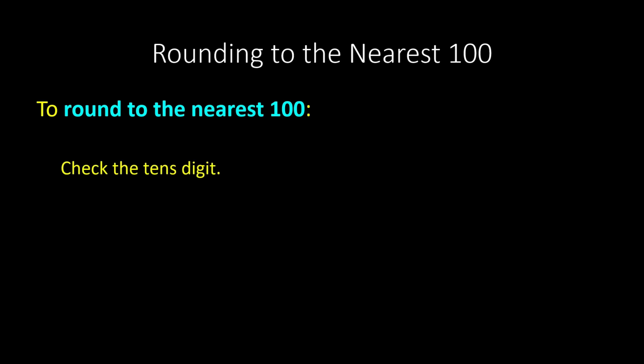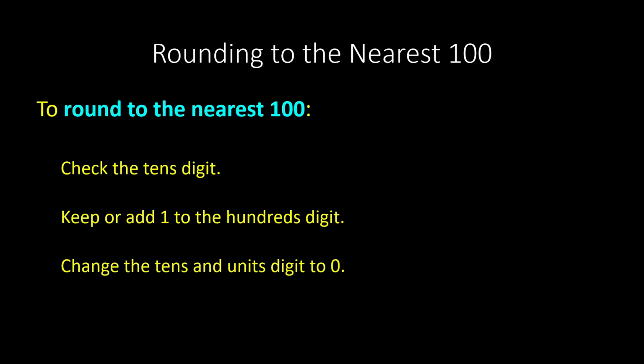Now we look at rounding to the nearest 100. To round to the nearest hundreds, we focus on the hundreds and tens places. We check the tens digit to decide whether the hundreds digit stays the same or increases by 1. The tens and units digits become 0.